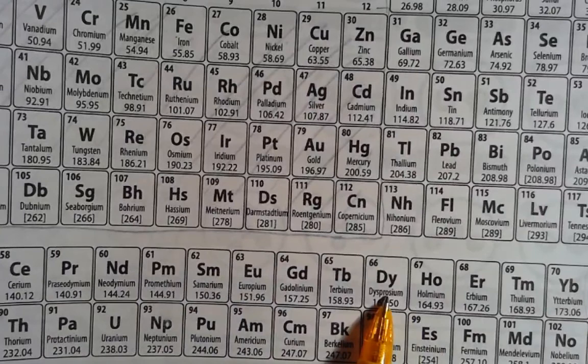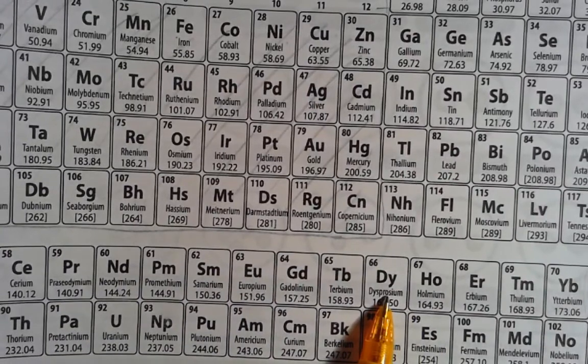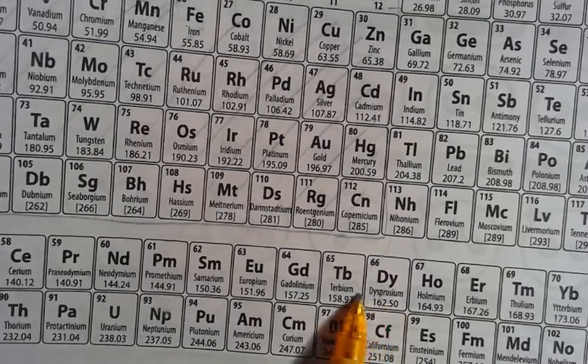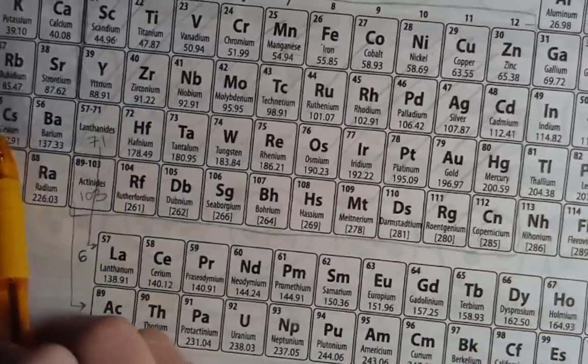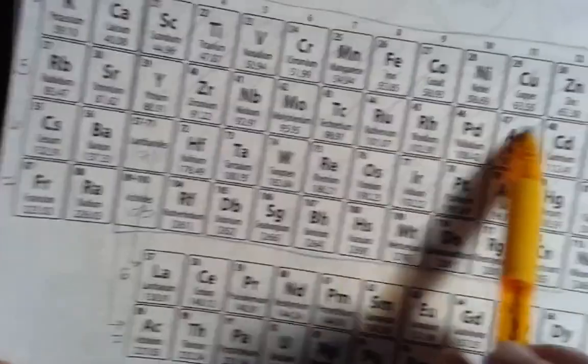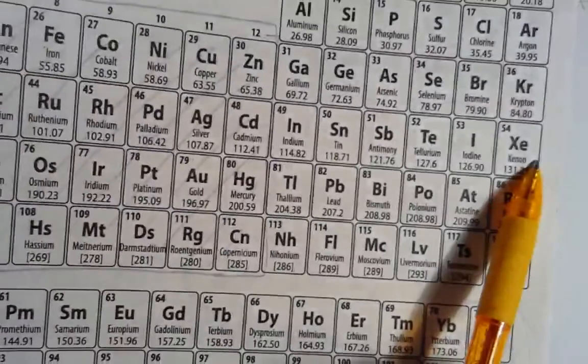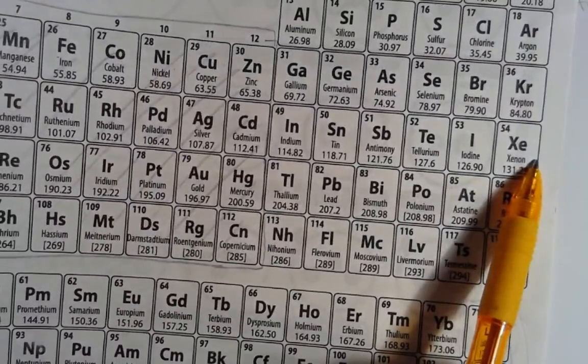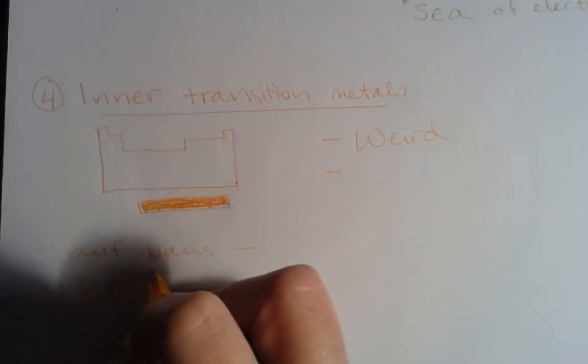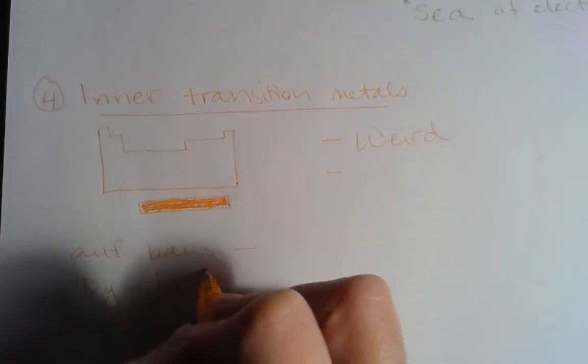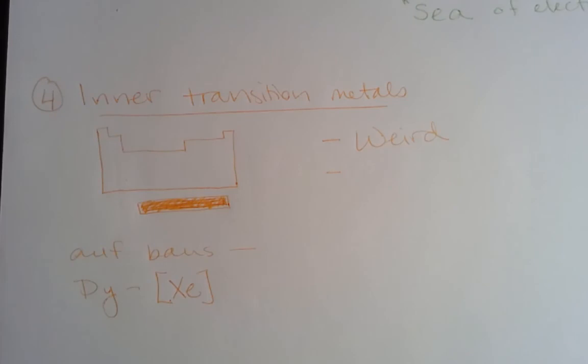And we're going to find its noble gas core, which is going to make it tolerable, or at least more tolerable. Okay, reverse typewriter. So bank up to row 6 and then find the noble gas above it. Above it, we've got the noble gas xenon. You'll notice this noble gas is basically as stable as the other ones.